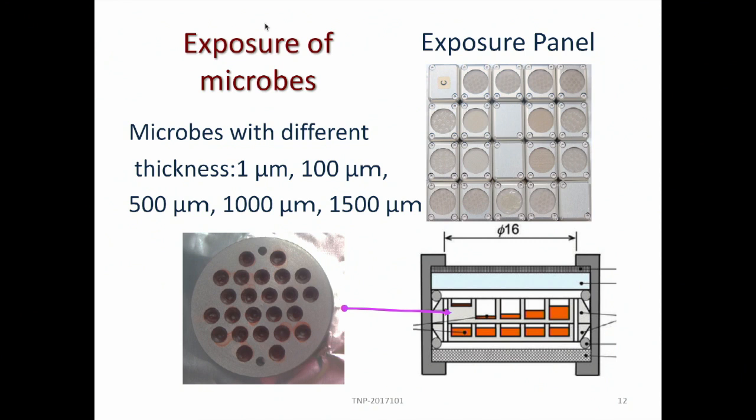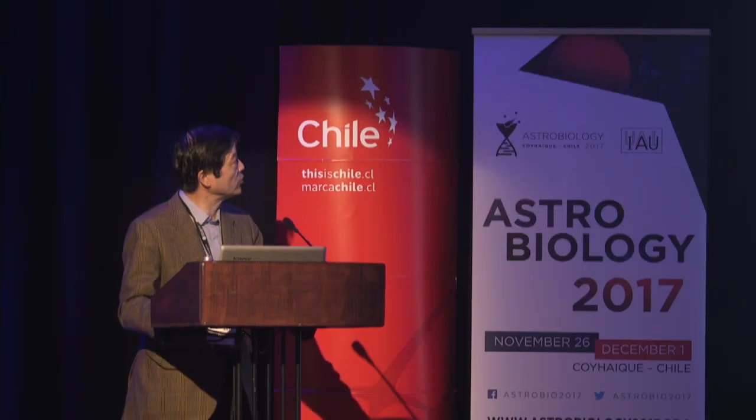In the aluminum plate, we made holes, and in the holes, we place the microbes with different thickness, ranging from 1 micrometer to 1.5 millimeter, to test how deep is necessary for the microbes to survive.